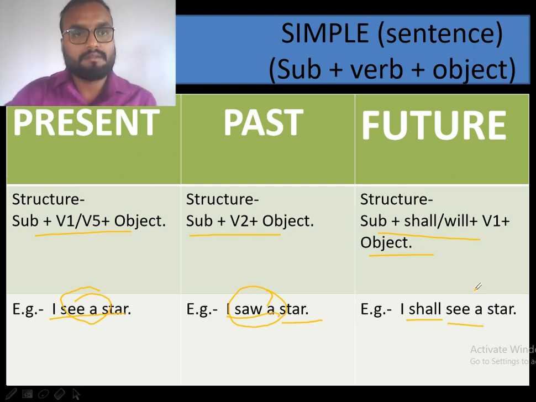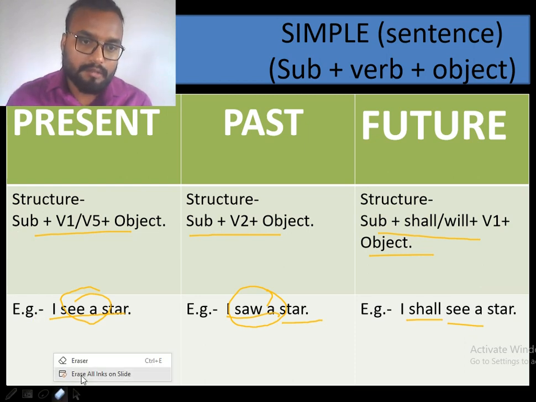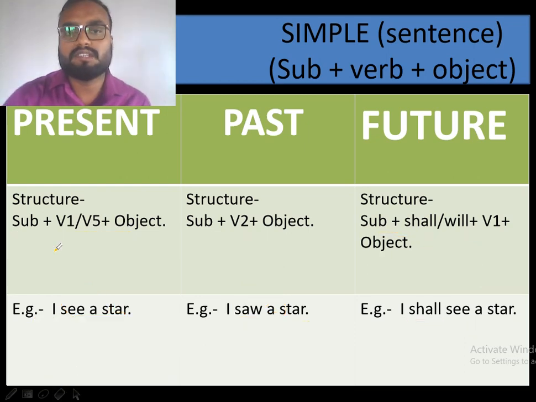So this is present, past and future. Simple present, simple past and simple future. And if you compare the structure of these three, you will see that the structure is quite similar. Subject is here, subject is here, subject is here.